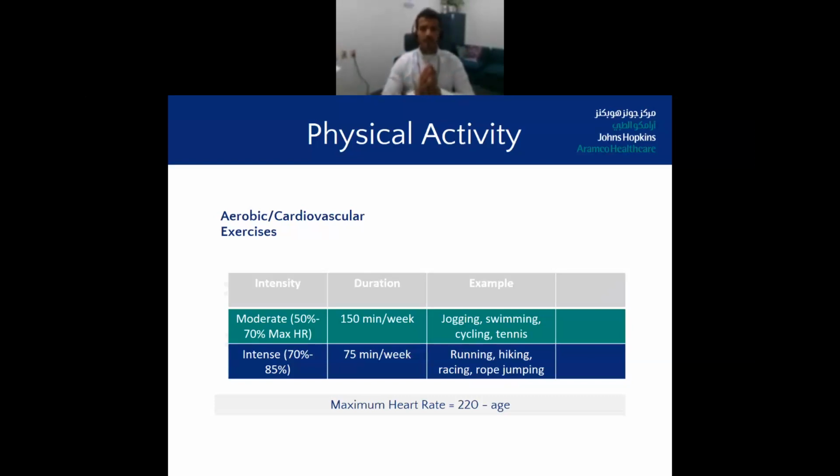Examples of high intensity workouts could be running for a longer time, hiking, racing, rope jumping, and other physical activity. And to measure the maximum heart rate, to know where we stand, you just take 220 minus your age. It gives you the maximum heart rate.